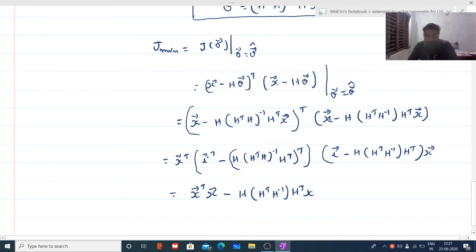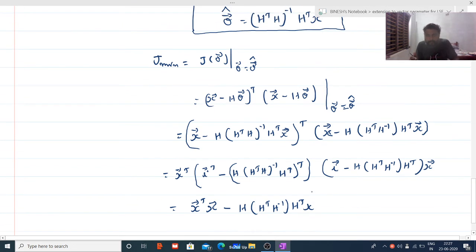I think it is clear. It's not. Just wait one minute, I will just verify. I will take it as identity. In both cases it is x transpose x, so one is the transpose, the other one is the whole transpose, which is nothing but H transpose H. Somewhere there is some mistake. What is the value of theta? Here I have done one mistake.